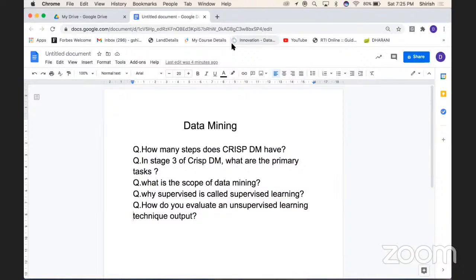Okay. So can someone explain to me the different stages of data mining?